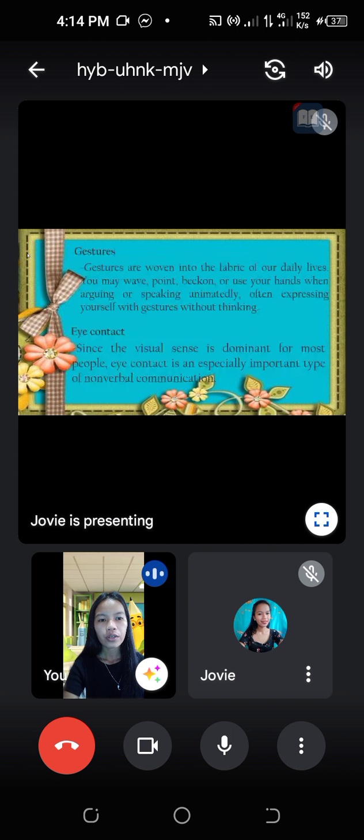Okay, the third one is gestures. Gestures are woven into the fabric of our daily lives. You may wave, point, beckon, or use your hands when arguing or speaking animatedly, often expressing yourself with gestures without thinking.